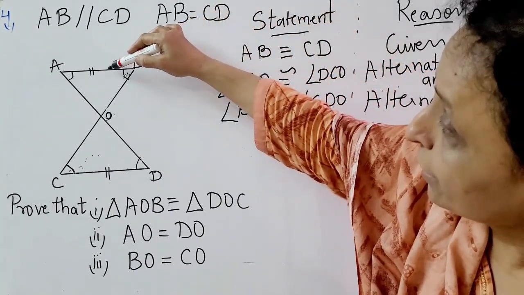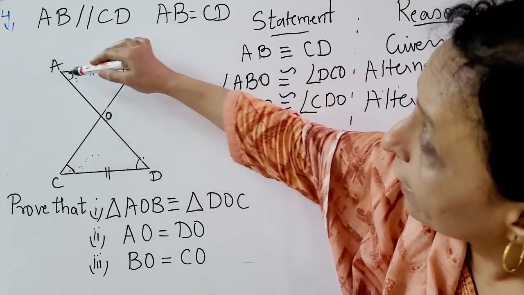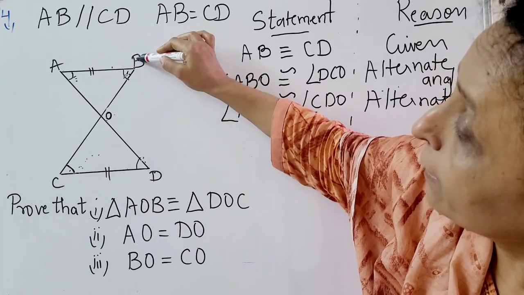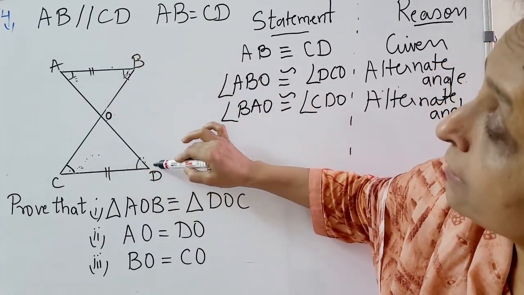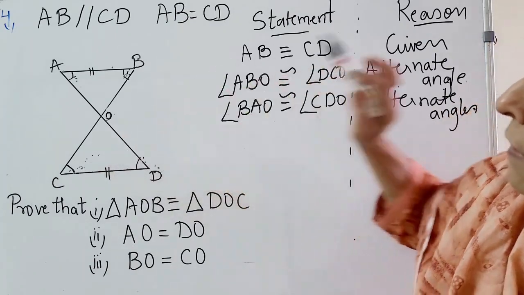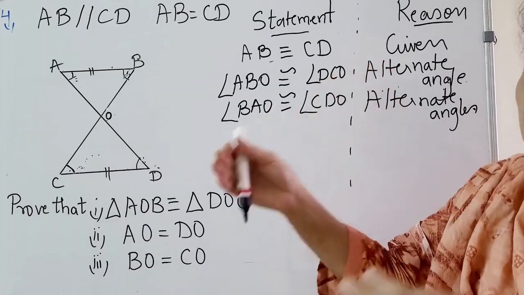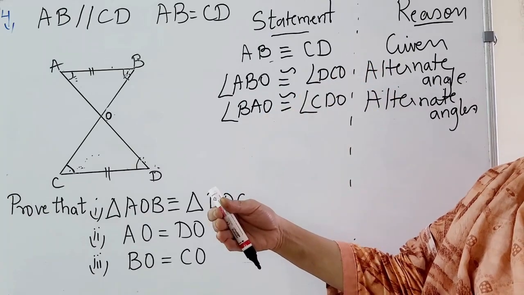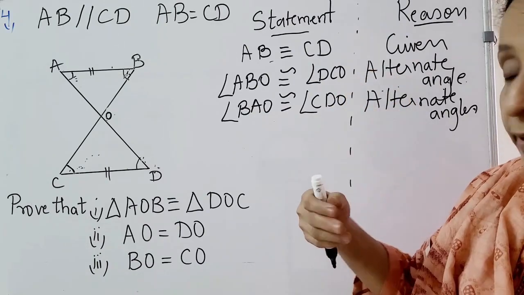One line is equal, these two angles are equal. A is equal to D, B is equal to C, and AB is equal to CD. So two angles are congruent and the line in between is congruent.